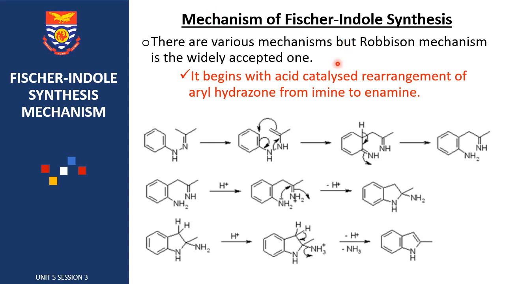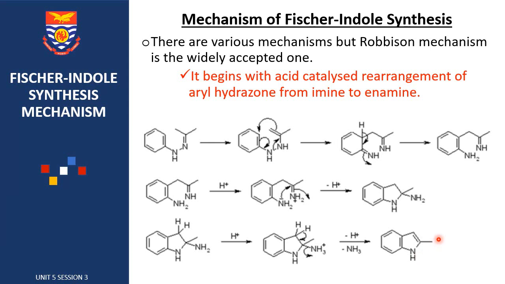There are various mechanisms, but the Robinson mechanism is the widely accepted one. It begins with the acid catalyzed rearrangement of our aryl hydrazine from its imine form to its enamine form.